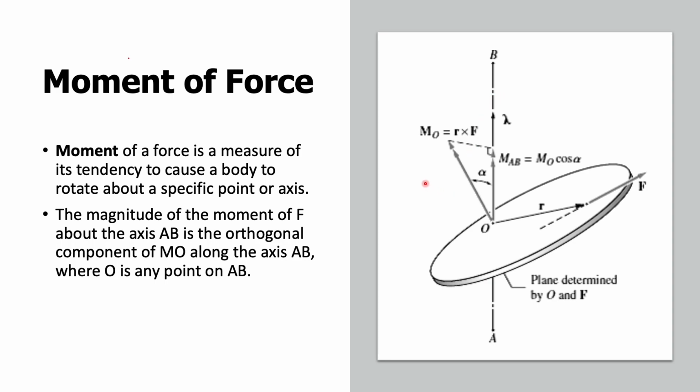So we are getting the orthogonal component along the axis AB, where O, the point O, is any point on AB. Also, the moment of force is equal to the force applied multiplied by the distance D, which is the perpendicular distance from A to the line of action of the force.